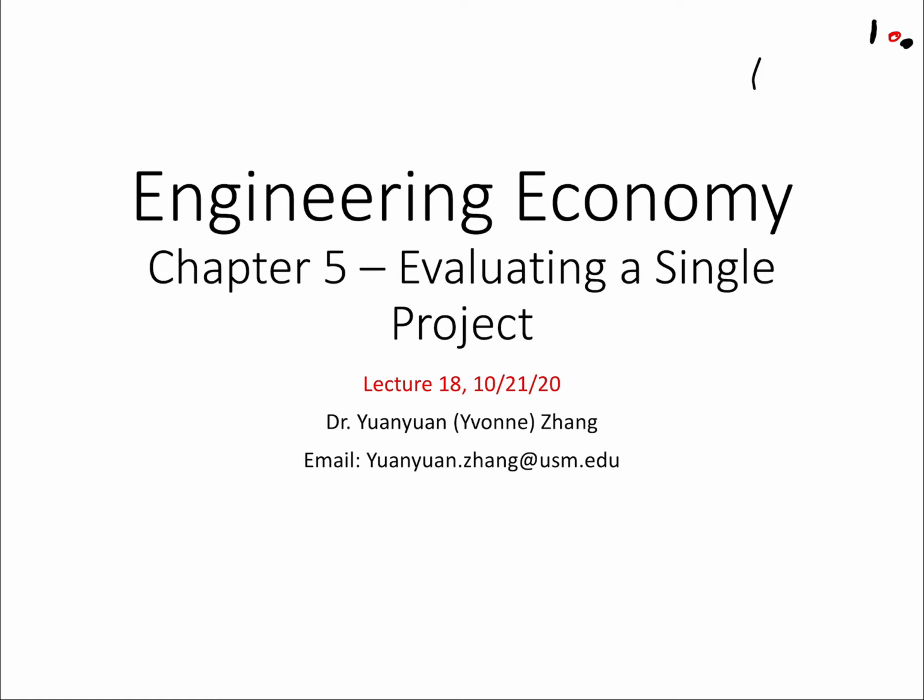So in the last class we started chapter 5 with a method called the present worth method, and we said that it is used to evaluate a single project to see if you want to accept that project or not.